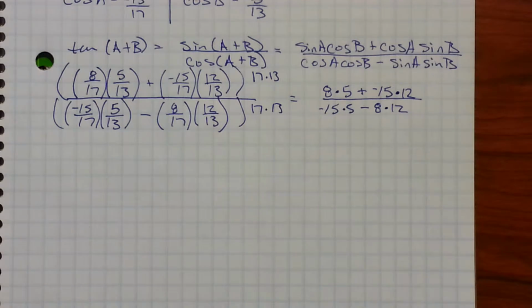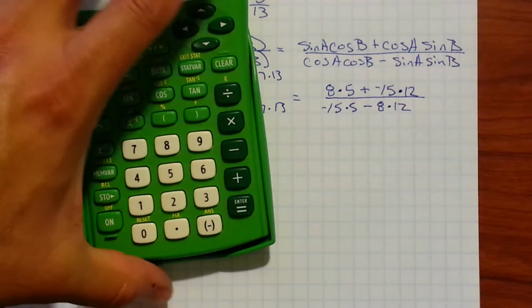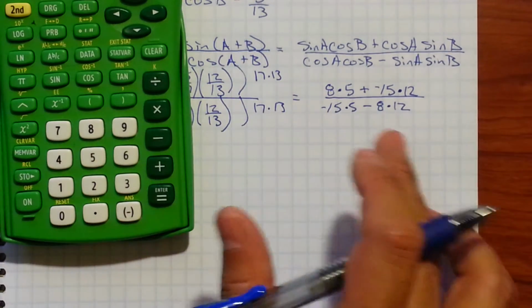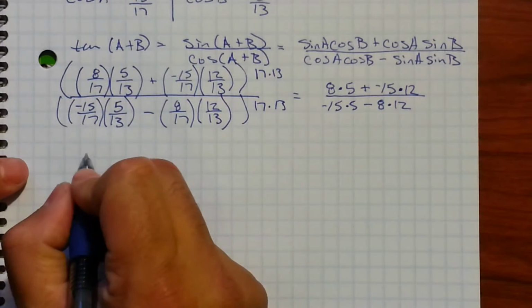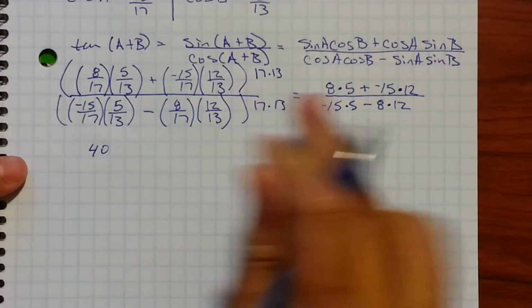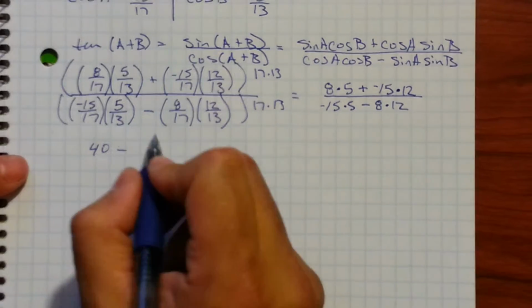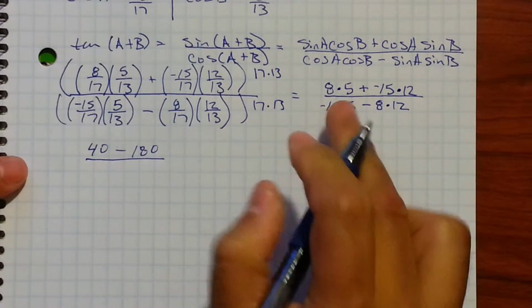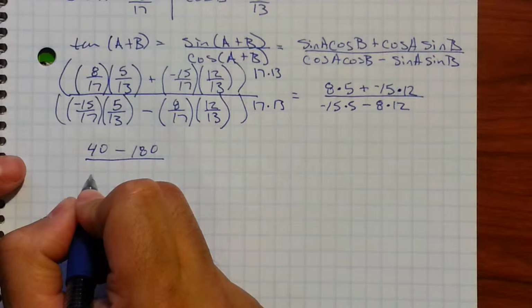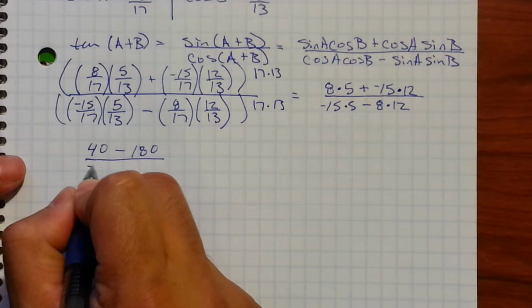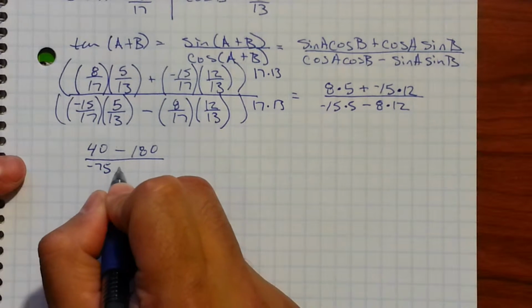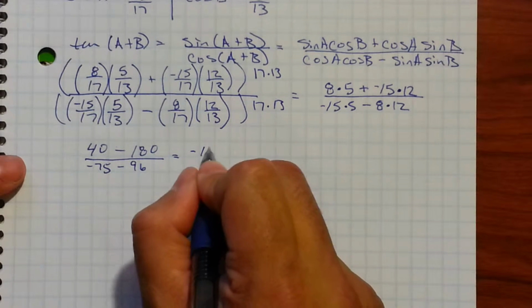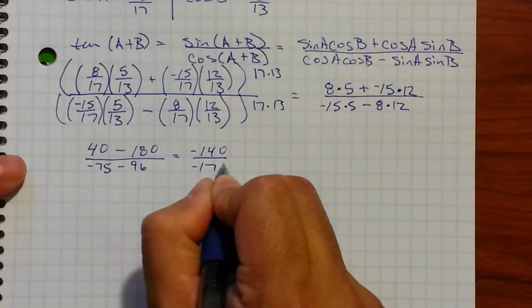Okay, let's see what we get. 8 times 5 is going to be 40, and plus a negative 180, over 15 times 5, that is 75, negative 75, minus 96, that's going to be a negative 140 over negative 171.